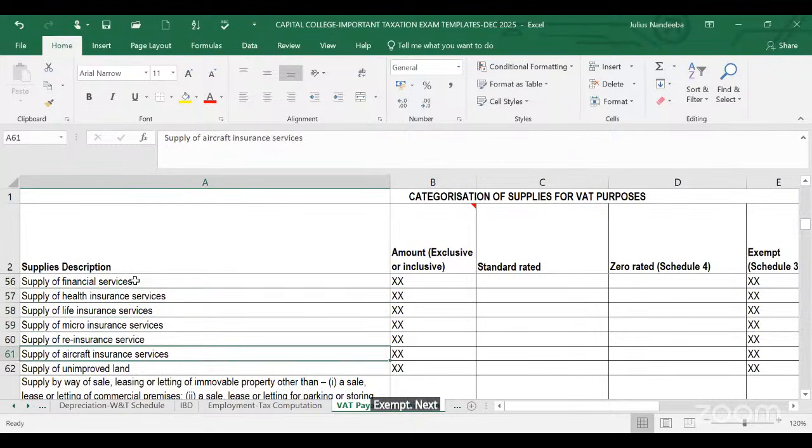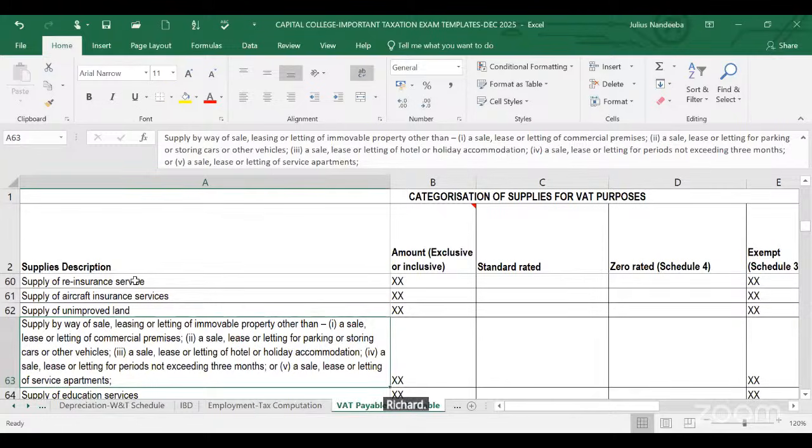Next is supply of an improved land. It then simply means when the land is improved, it becomes standard rated. The supply by way of sale, leasing, or letting of immovable property other than, now pay attention to that one. When you sell or rent out, leasing is the same as renting.